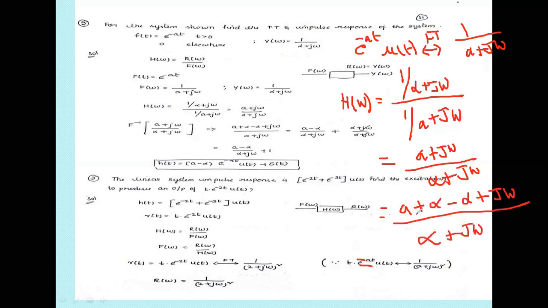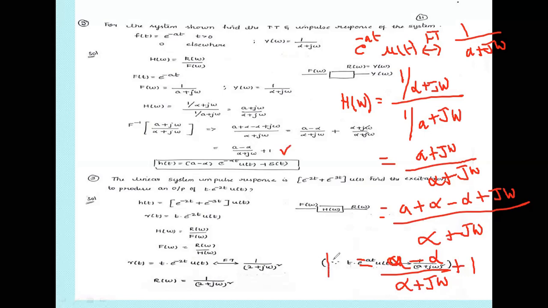That is equal to, see, a minus alpha is one term, so you can take a minus alpha by alpha plus j omega, and alpha plus j omega by alpha plus j omega becomes 1. So you get 1 plus a minus alpha by alpha plus j omega.